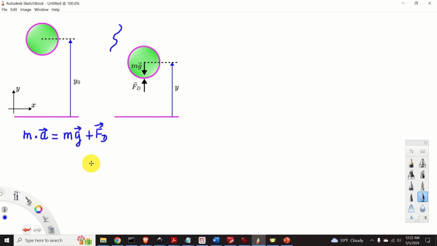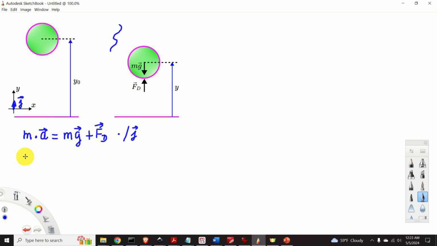the aerodynamic drag force. Next, we introduce the unit vector of the y-axis, denoted by j, and we will scalarly multiply this equation by this unit vector. That is, we will compute the projection of this equation onto the y-axis.